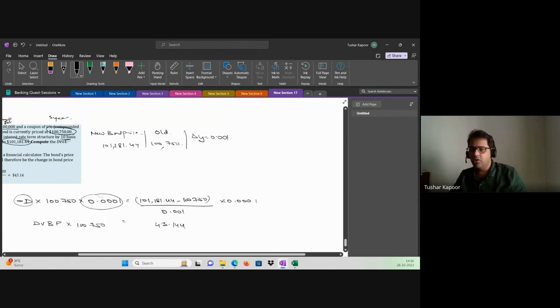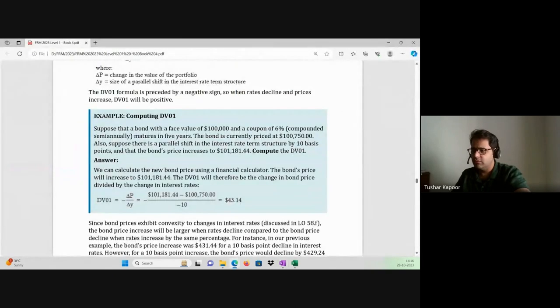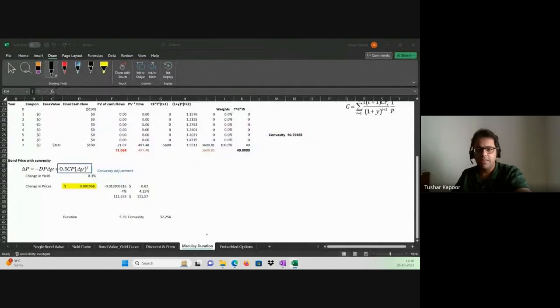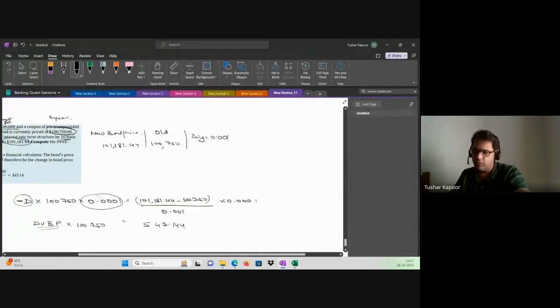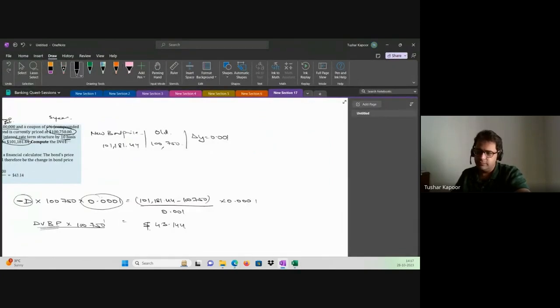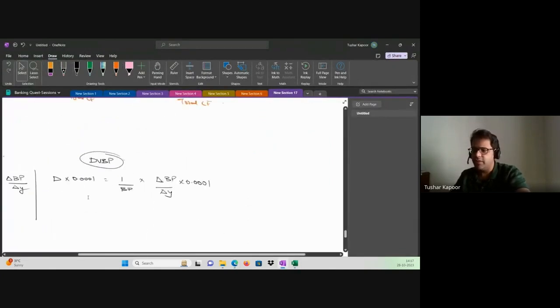43.144. And if we talk about DVBP, the dollar value of a basis point, to get the right number you'll also have to multiply it with this one. 43.14 is your answer. Let's see what our answer was here: 43.144. Let me write it this way so that you don't get confused.